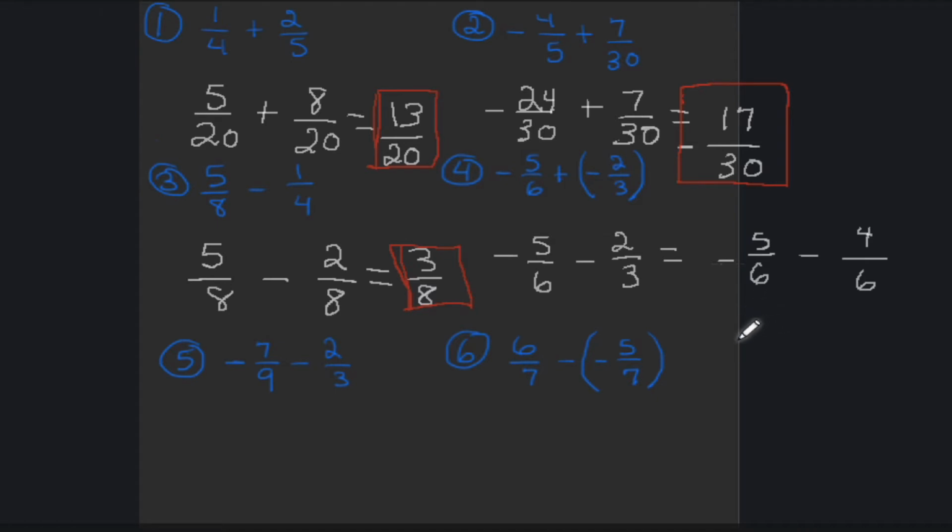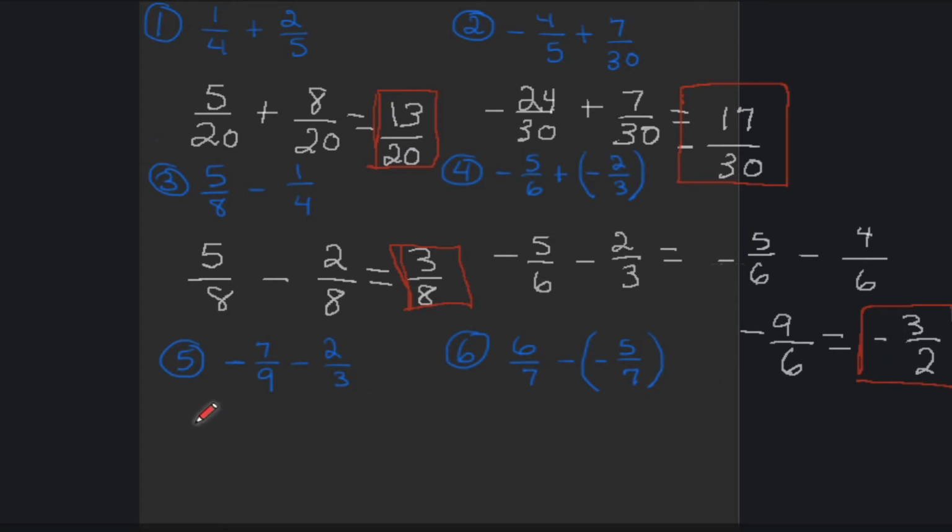Remember, we're going to have a negative fraction for an answer here. If we add across the numerators, negative 5 plus negative 4, that's negative 9. So that's negative 9/6. Then you can simplify the fraction. 9 divided by 3 is 3. 6 divided by 3 is 2. So negative 3/2 is our answer.